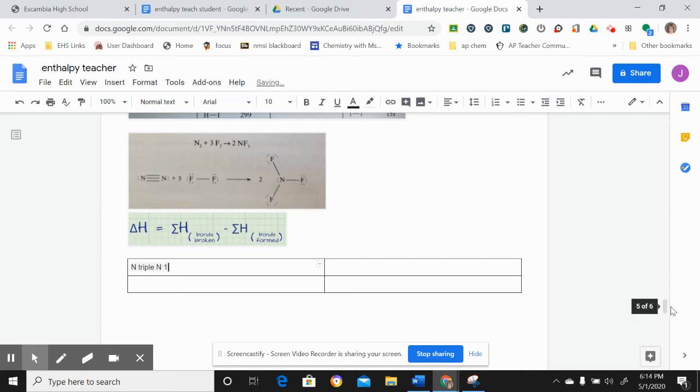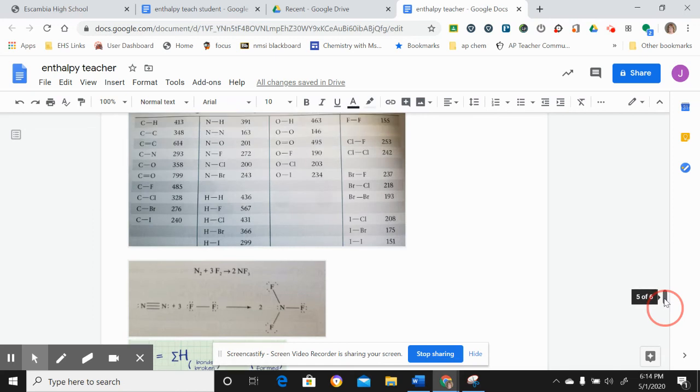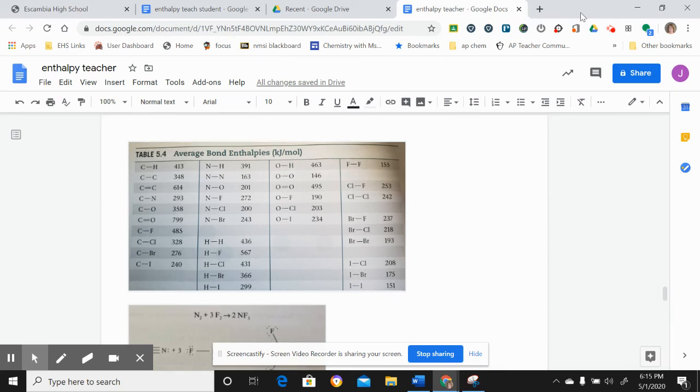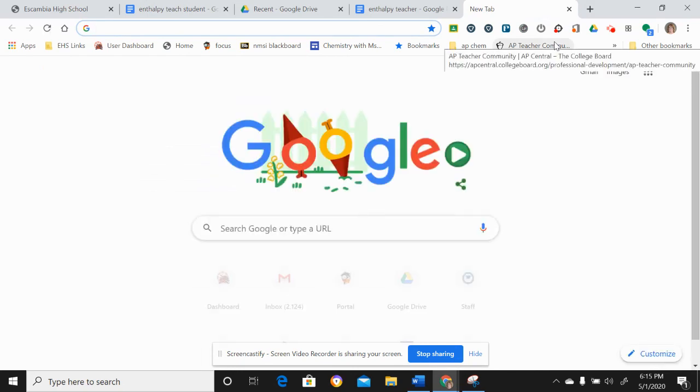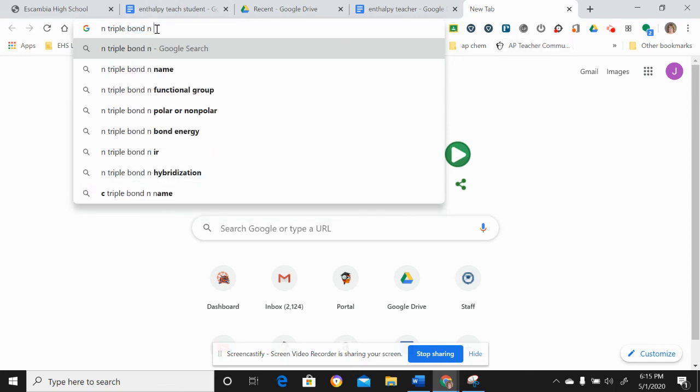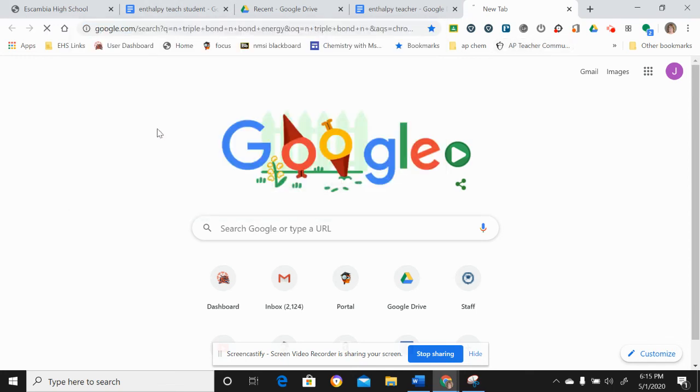I need to look up here and find an N triple bonded to an N. I see a single, a double bond. You know what? I don't have that on here. I guess we're going to have to look it up. N triple bond N, bond energy.